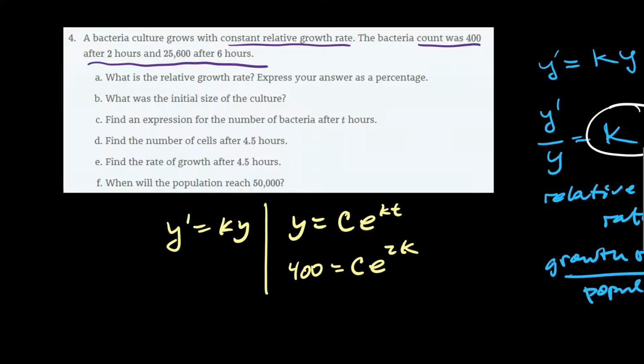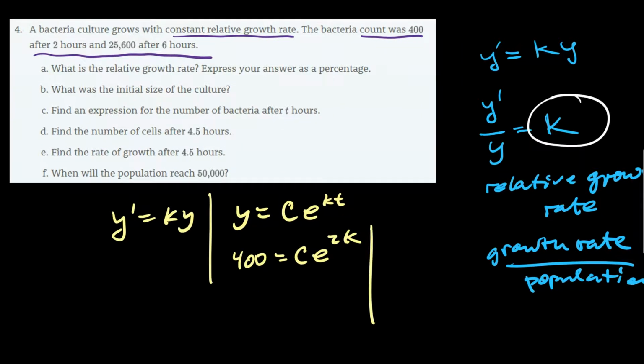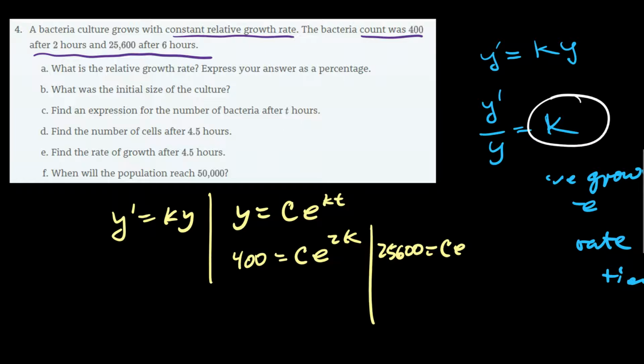And 25,600 after 6 hours, so this is 6 times k. It asks, what is the relative growth rate? And express your answer as a percentage. So the relative growth rate is k, so we need to find k.